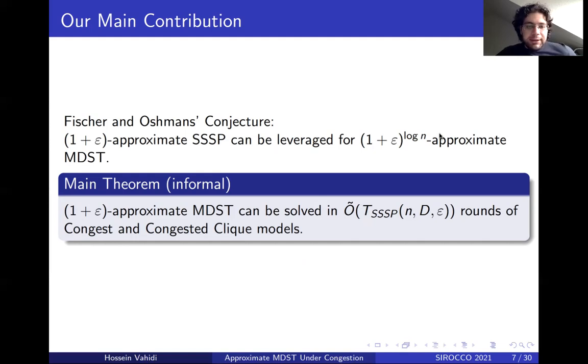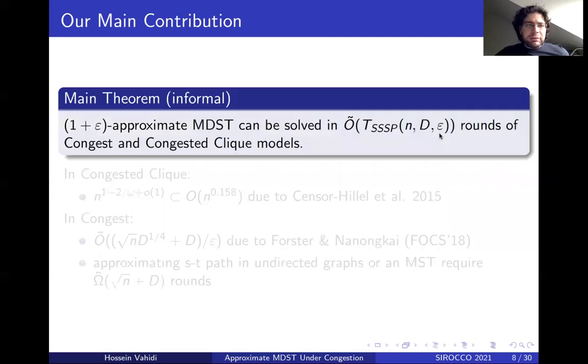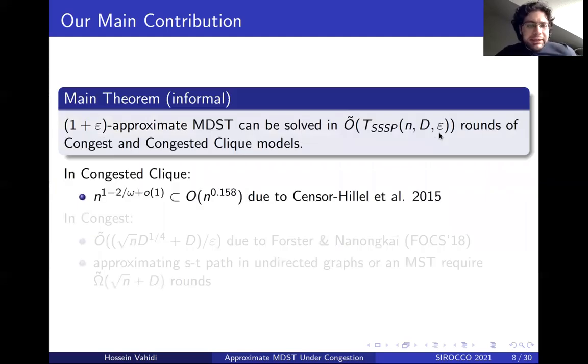And we prove an even stronger result by showing that 1 plus epsilon approximate single source shortest path can be used for 1 plus epsilon approximate MDST, and we informally prove the following theorem. So if we plug in the most efficient approximate single source shortest path algorithm in congested clique, we get the following running time.